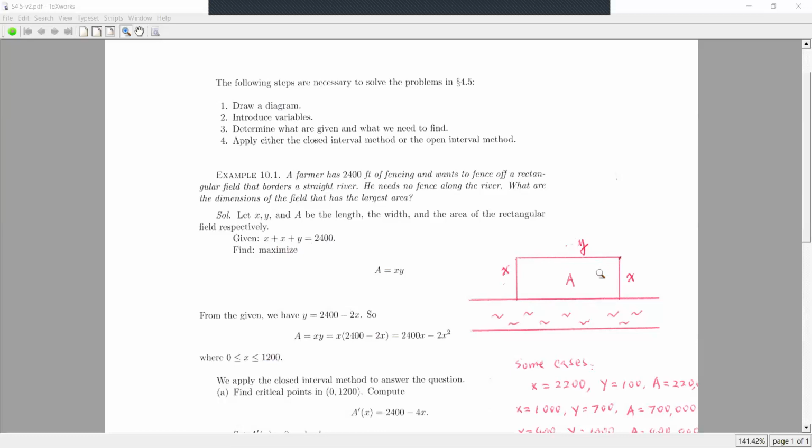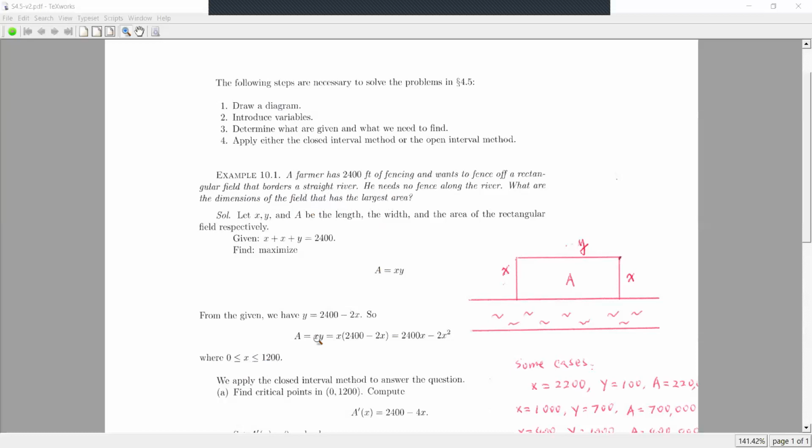Length cannot be negative. So x is between 0 and 1200. Now the question is, between 0 and 1200, you need to determine a value for x so that A is the largest.